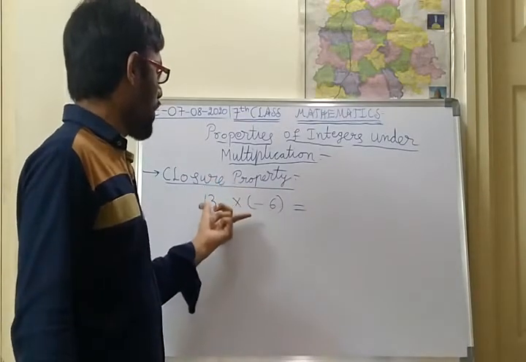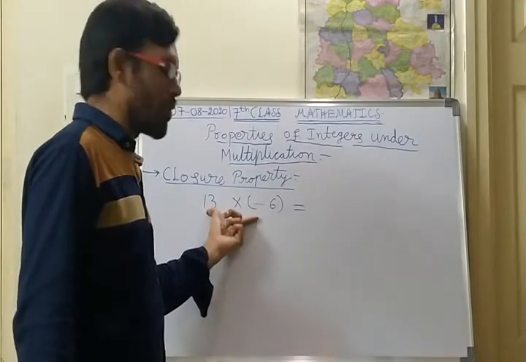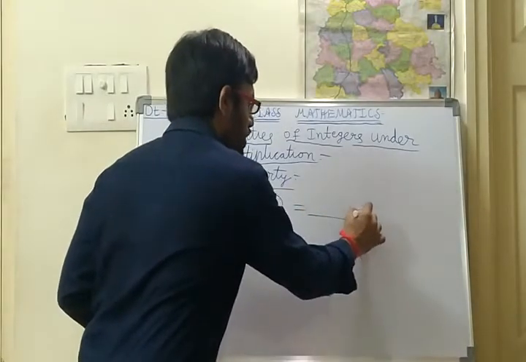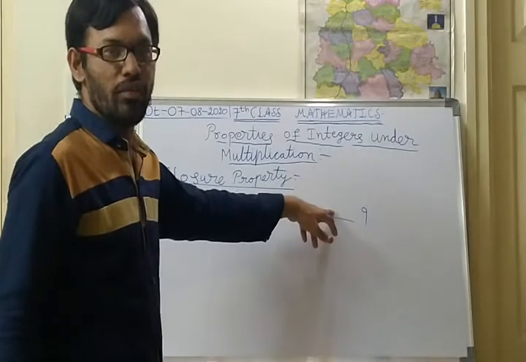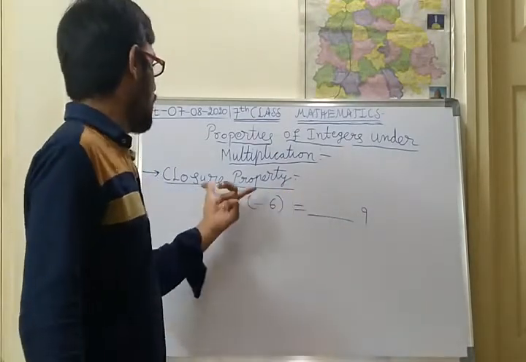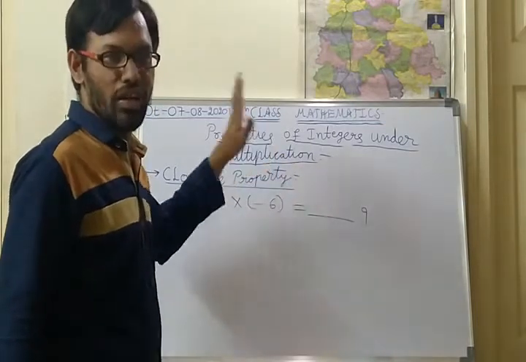So what is closure property? If there are two numbers, the multiplication of two numbers should also give a result, and whatever result comes should also be an integer only. If the answer is an integer, then the closure property is satisfied under multiplication of integers.